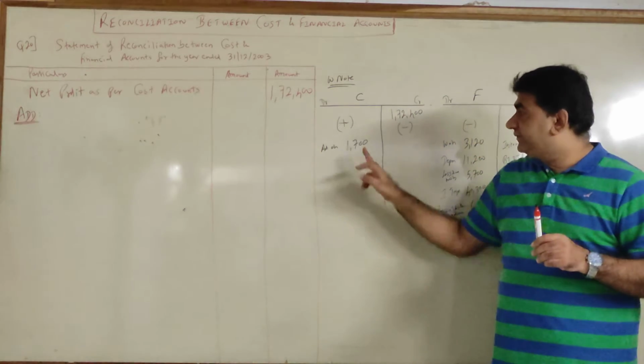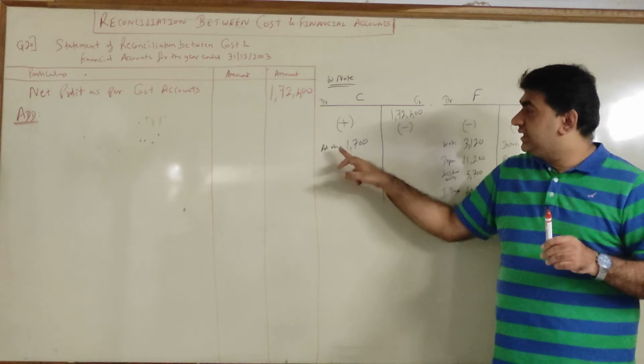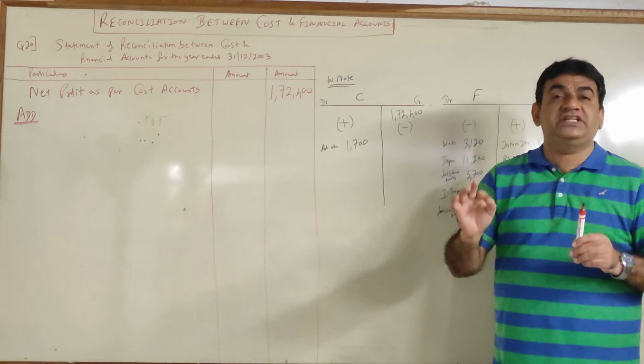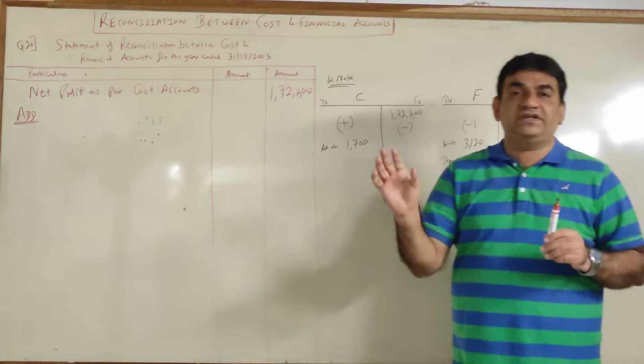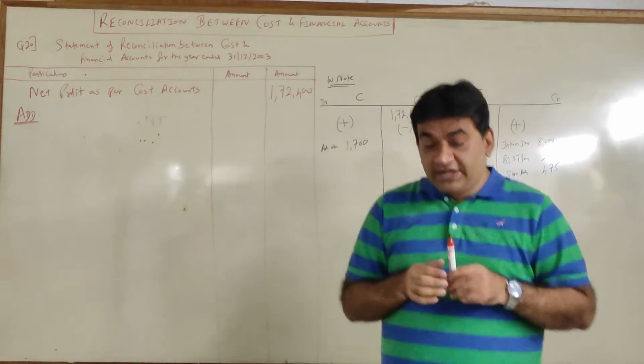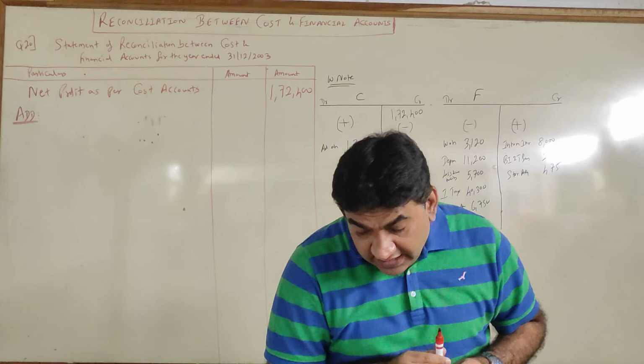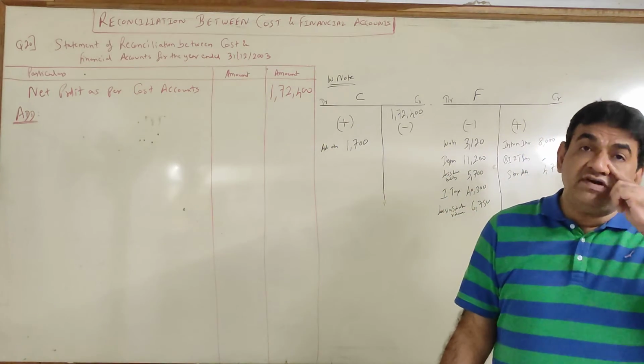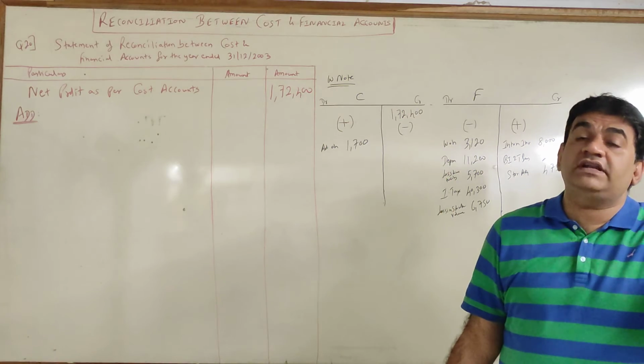Let's take one by one. What is this first plus? Admin overheads. You have to just write the reason mentioned in the question or in your own words connected with the subject. Now, admin overhead, over recovered. Now we know very well. Over recovered means, where do we use the word recovery?